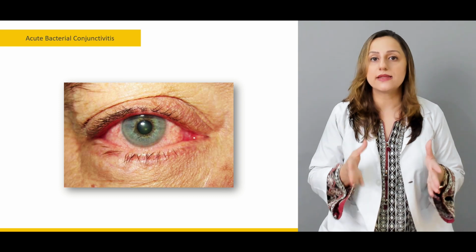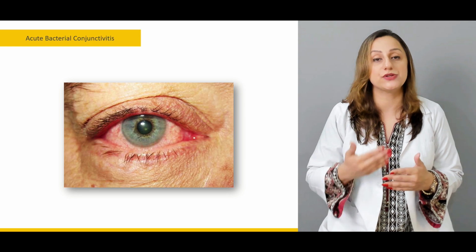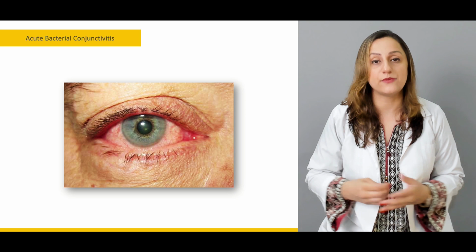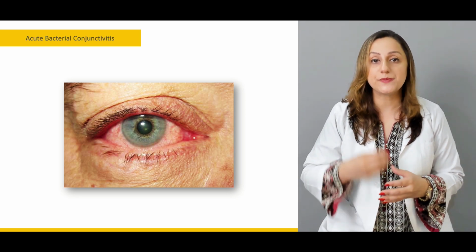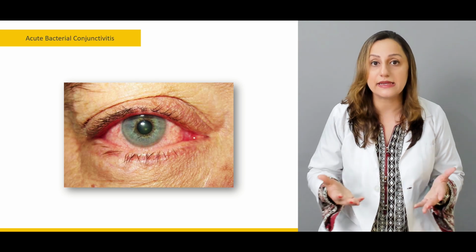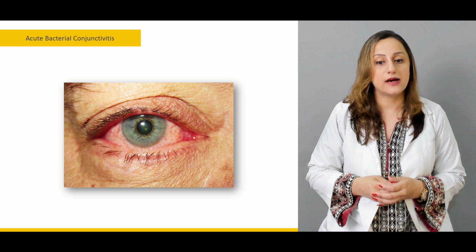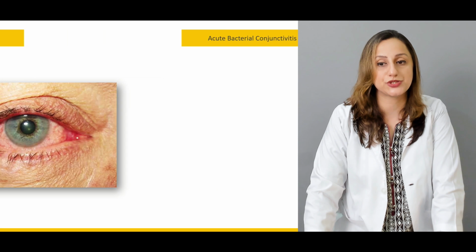The different organisms responsible for this acute bacterial conjunctivitis are Staphylococcus aureus, then Streptococcus epidermidis, then Streptococcus pyogenes, and chlamydia. All of these are causative organisms that can cause this acute kind of bacterial conjunctivitis in a lot of patients.